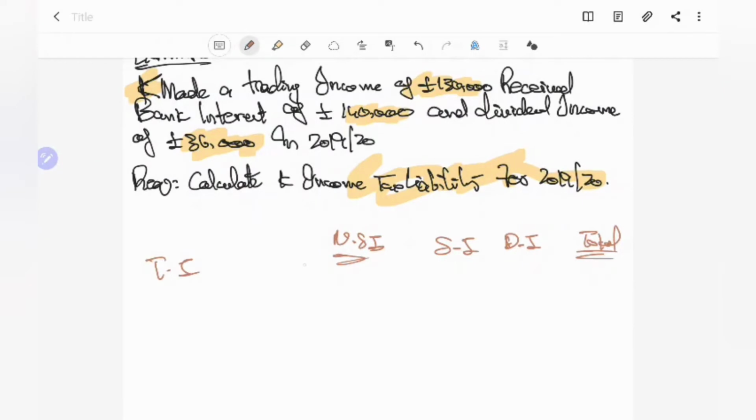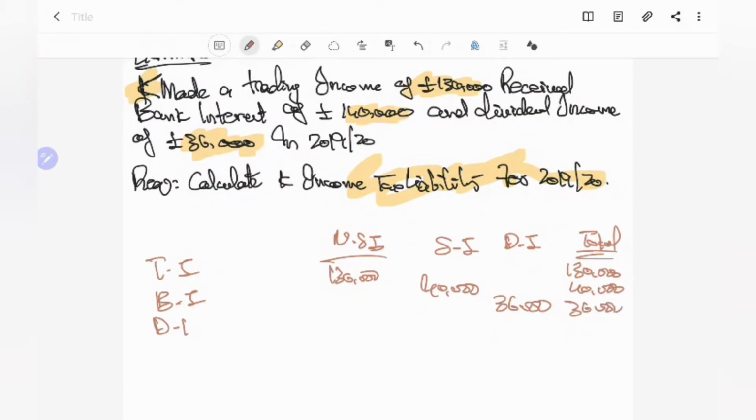Trading income is, it's not 140, actually it's 130. Then I have bank interest 40,000, and then dividend income, which is 36,000. Now in total columns it's 130,000, 40,000, and 36,000. Total I will get 206,000.